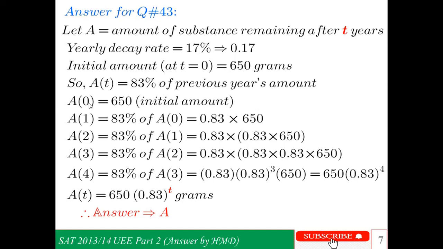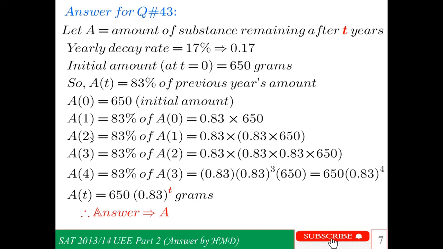So A of 0, when t is 0, is the initial amount, that is 650 grams. After 1 year, A of 1 becomes 83% of A of 0, that is 0.83 times 650. Look at this one, 0.83 times 650.